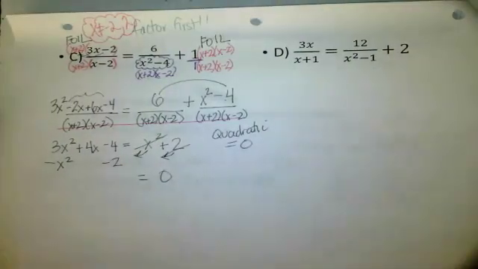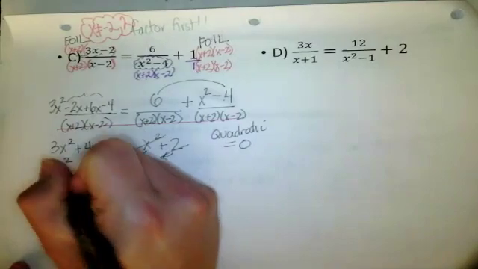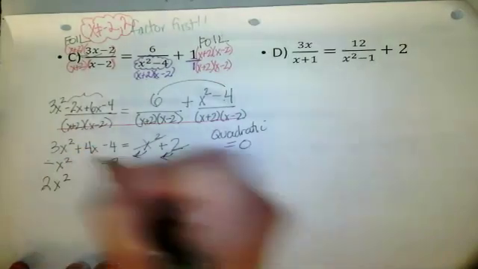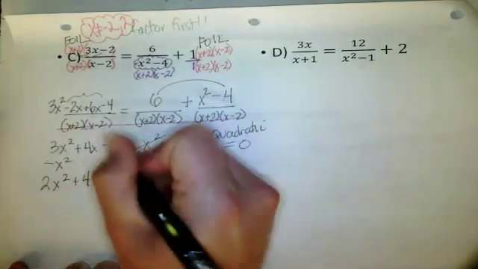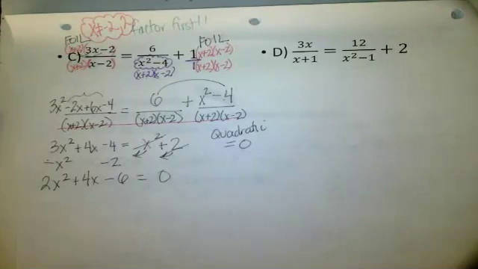So I get a 0 on one side. 3x squared minus 1x squared is 2x squared, plus the 4x minus 6 is equal to 0. Then what can we do?